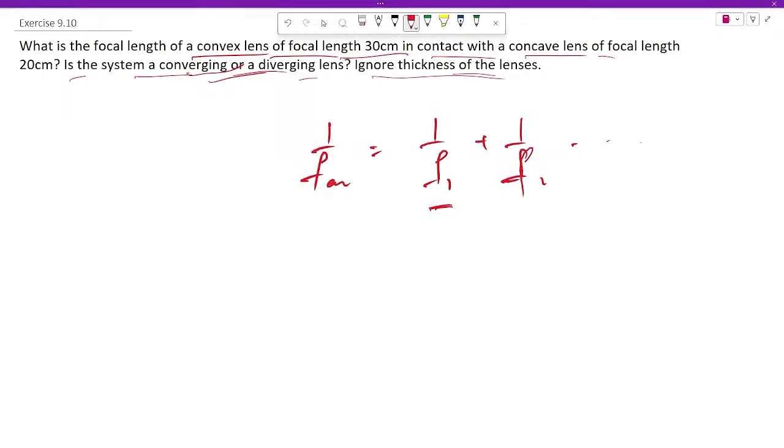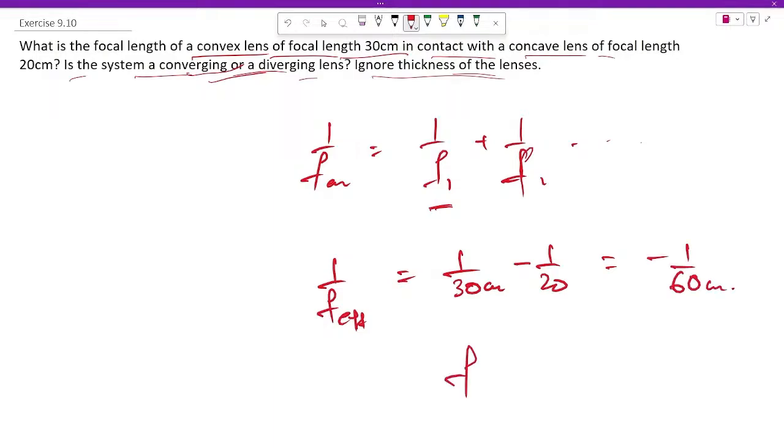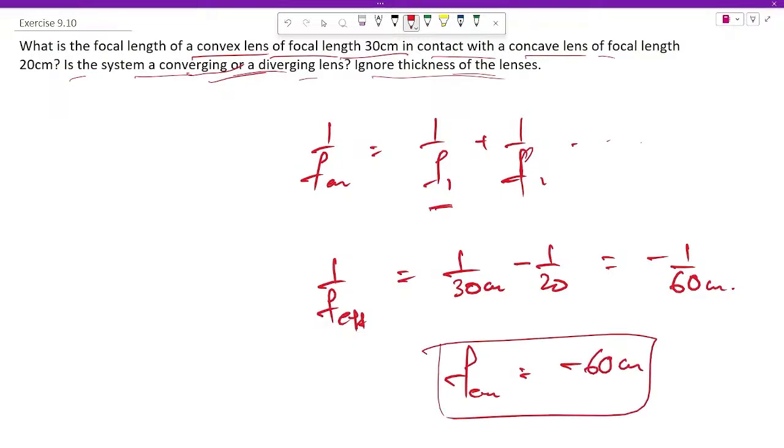So f effective is 1/30 minus 1/20. After adding this, we will get minus 1/60 centimeter. So the effective focal length is minus 60 centimeter. Here we see that the effective focal length is negative. That means it is diverging in nature, a concave lens of focal length 60 centimeter.